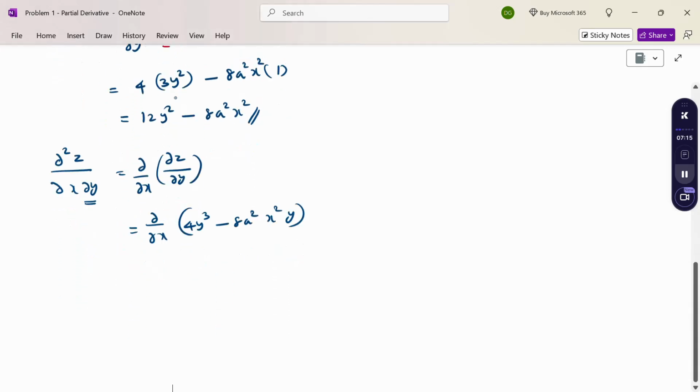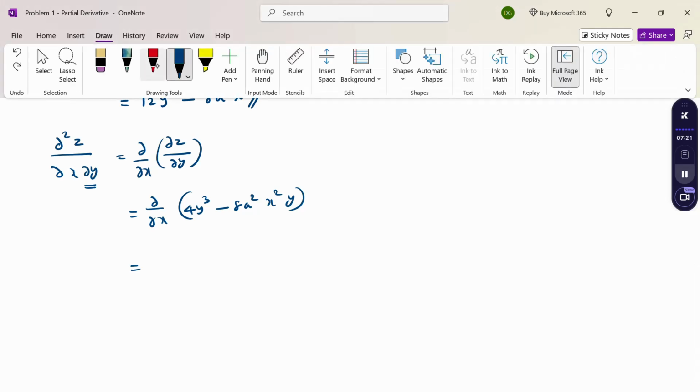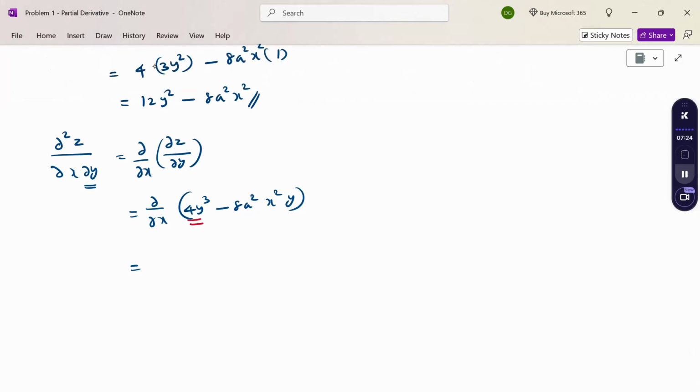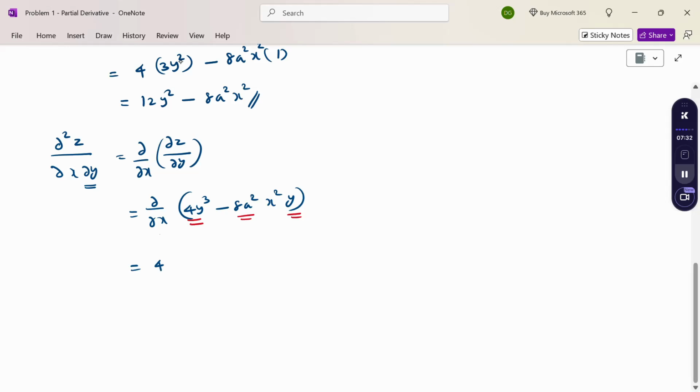Therefore, what is the value of this? ∂/∂x. So x is the variable, other values are constant. Now here 4y³ is constant, 8a² constant, y constant. When taking the partial derivative with respect to x, 4 is constant, y³ is constant. So all the values are constant. When differentiating with respect to x, a constant is considered constant, the value is 0.